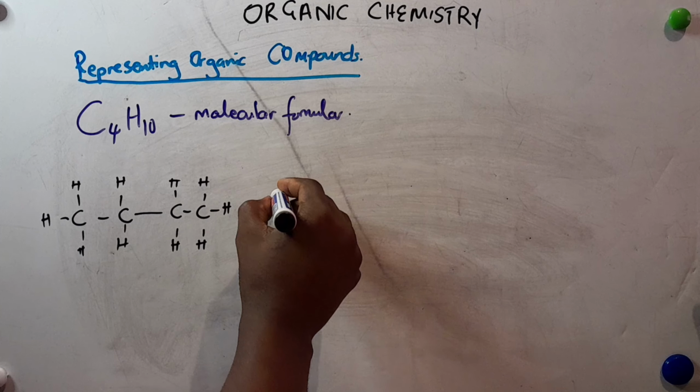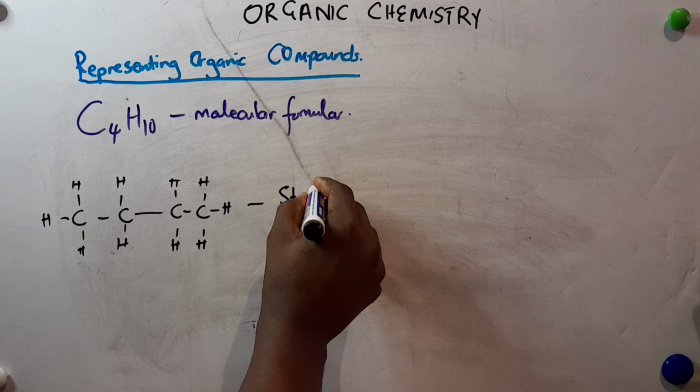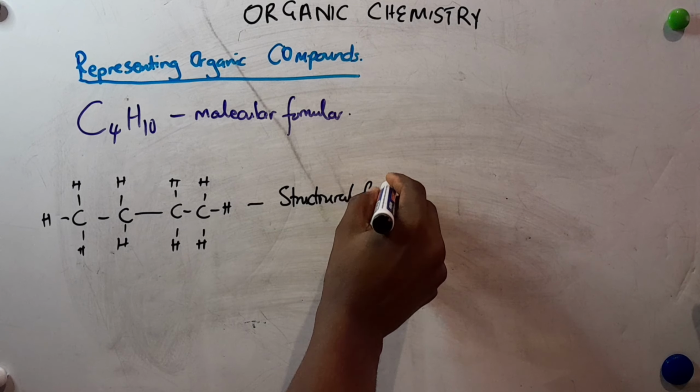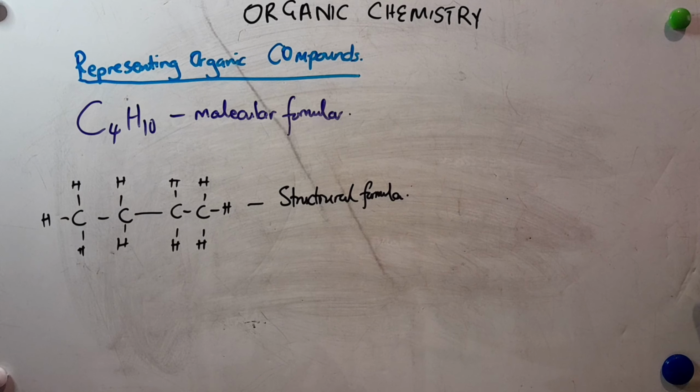So this is the structural formula. This shows us the structure of the compound, right? That's the structural formula. And then apart from that, we also have the condensed structural formula.